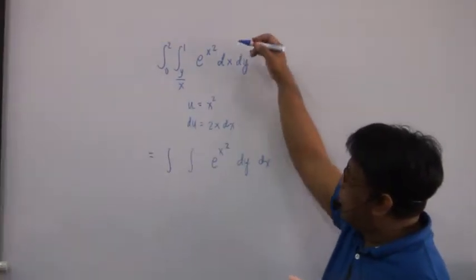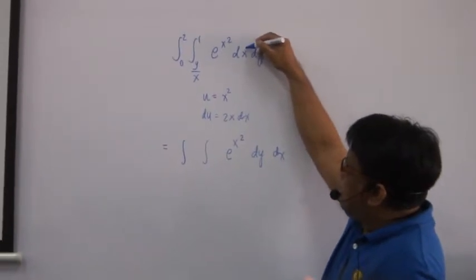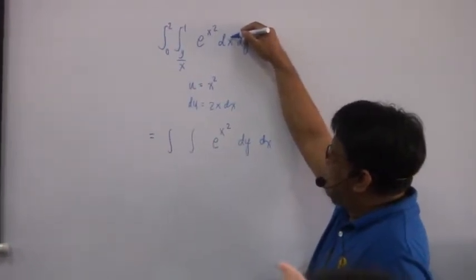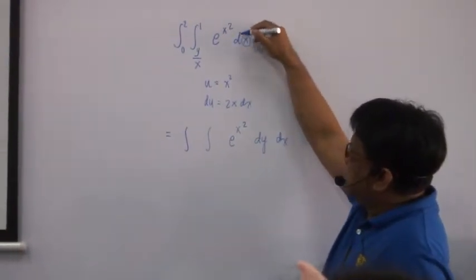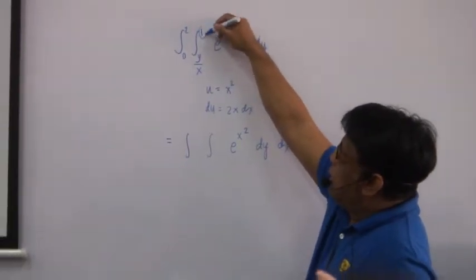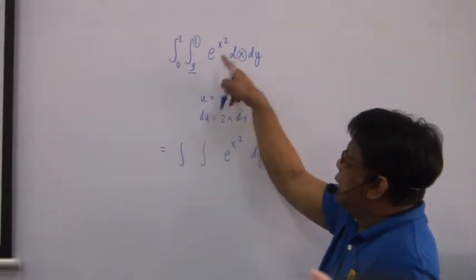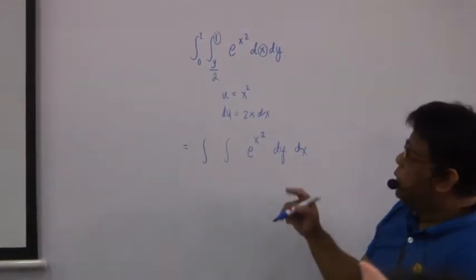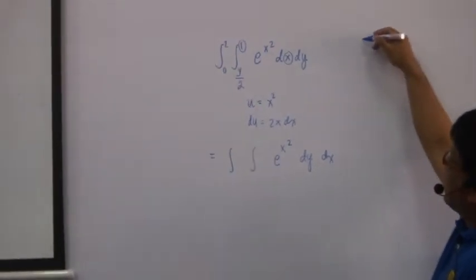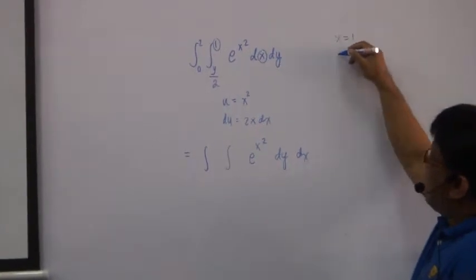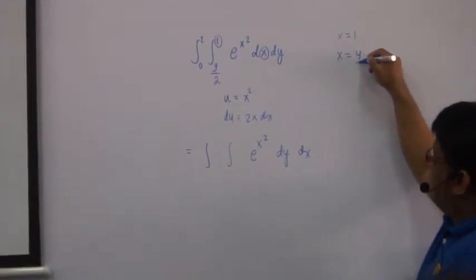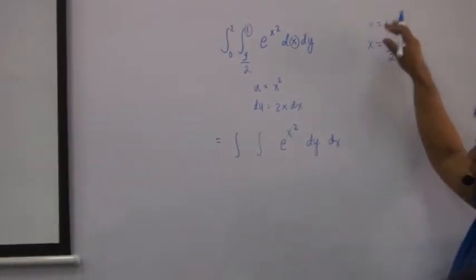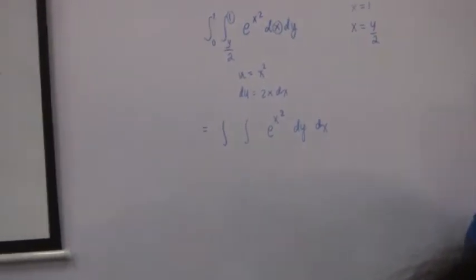We can get them from the given: a while ago we have x equals 1, and the other one is x equals y over 2. So you need to graph in order to identify the two limits.